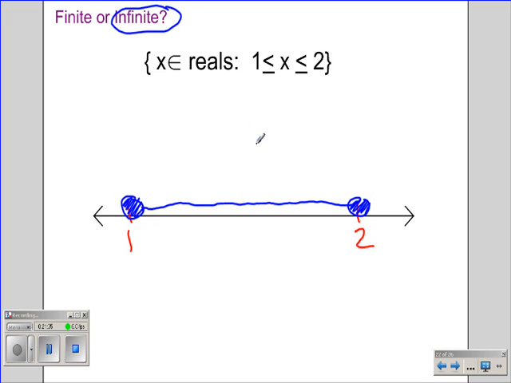If you were to tell me a number that's between 1 and 2, I could come up with a number greater than that number. So even if you said, well, 1.9, I might say, well, how about 1.99? And then you might say, well, 1.999. I might just say 1.9999. And we could go on and on and on.